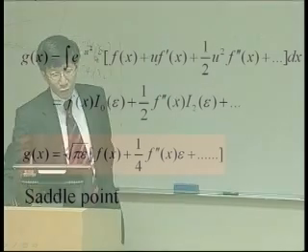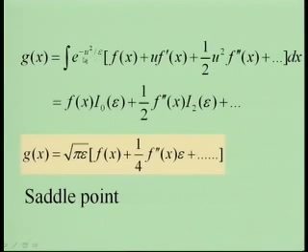Then the first term is just the integral over a Gaussian, which is I0. The second term is odd in u, multiplied by this even function, integrates to 0. The third term, with a u squared, then integrates to I2. All right?